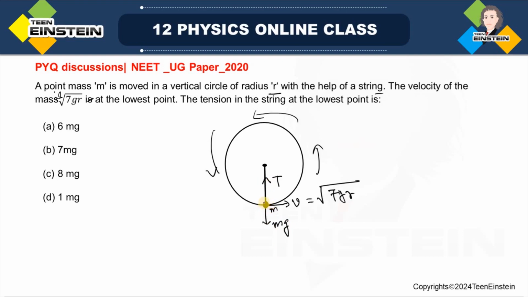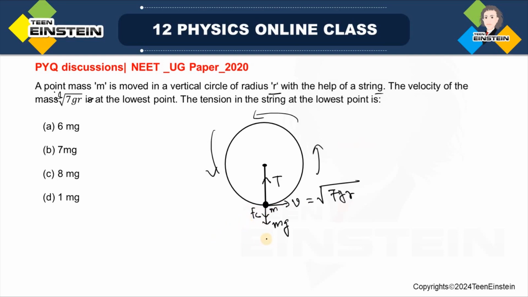Another force experienced by this point mass while undergoing the circular motion is the centrifugal force, which is actually a fictitious or pseudo force. Let us say that centrifugal force is Fc.